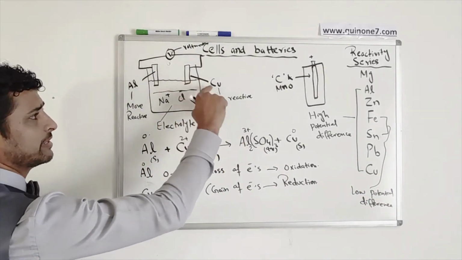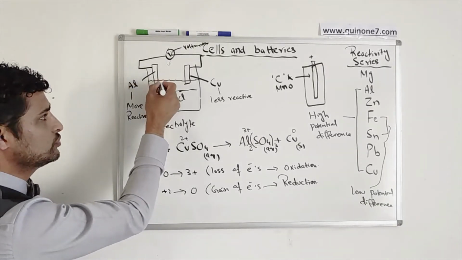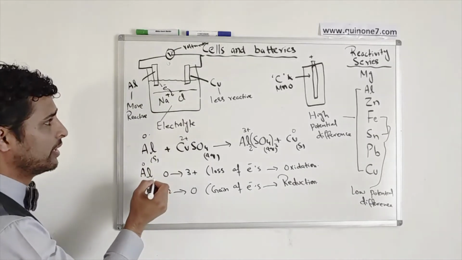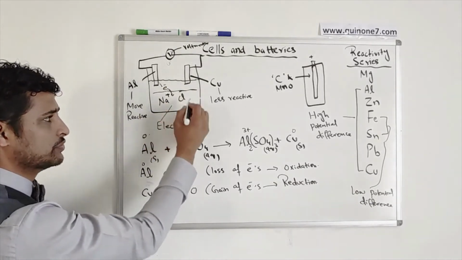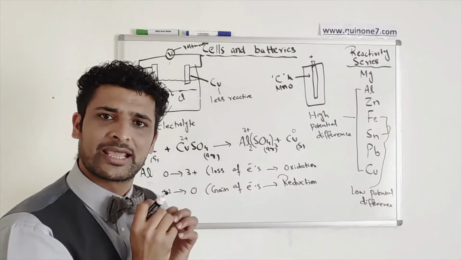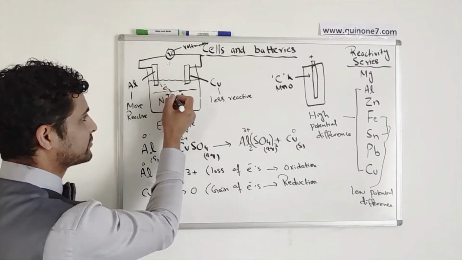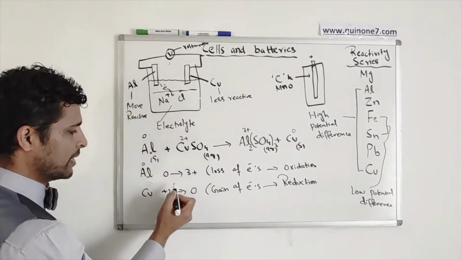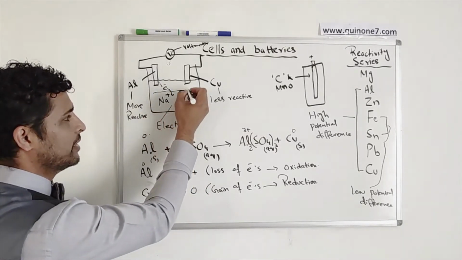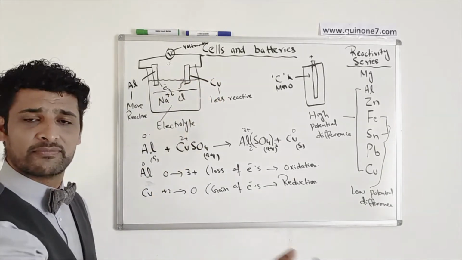If this is made by copper and this is made by aluminium, aluminium will lose those electrons in the solution of the electrolyte. You have a solution where the ions are moving. Those ions take those electrons and are responsible for delivering them to the other side. So these electrons will be discharged from the aluminium, because aluminium is more powerful, and will flow from aluminium and then be delivered to the copper, and copper will gain those electrons.